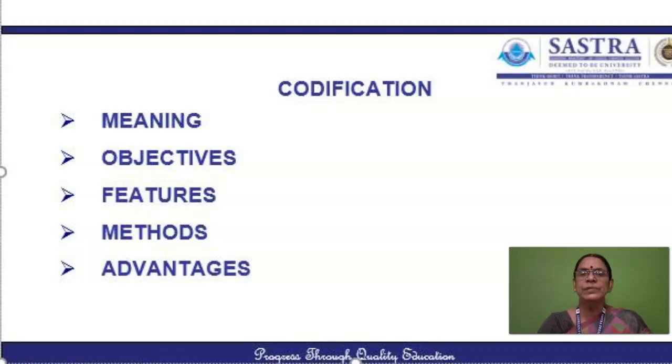First comes brevity. Brevity here means it should be brief. The code should not be very lengthy. It should not be a very lengthy description. If you are going to write a lengthy code, you can write the name of the material itself. The codes must be very specific and should be very brief.